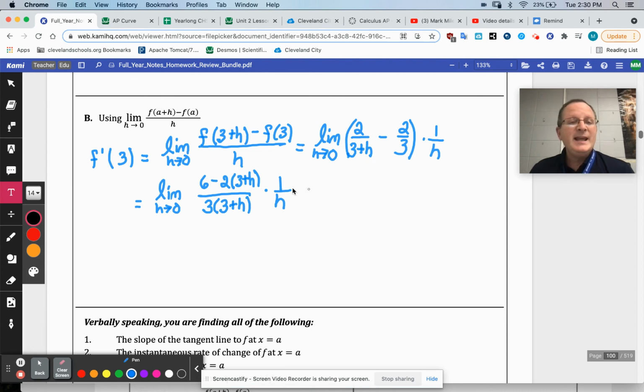Okay, so then let's clean this up. We see the 6's are going to cancel for sure, but I'll just write one more step. You might be able to combine some stuff. So my first numerator then is 6 minus 2h, divided by 3 times 3 plus h.